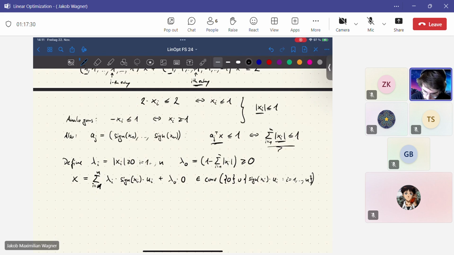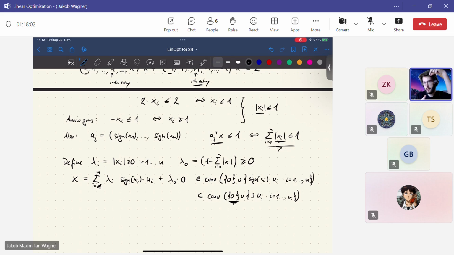But because we know this, we know that this is a subset of the convex hull of 0 and all the plus minus u_i's. And we especially know that we have the 0 vector also always as a convex combination of plus and minus any unit vector.